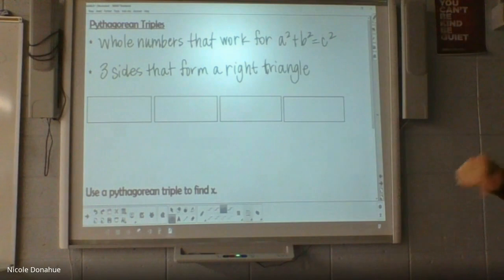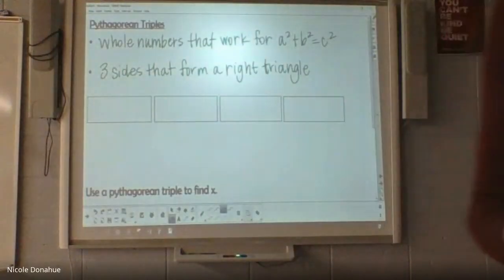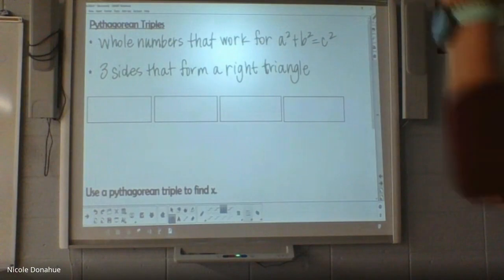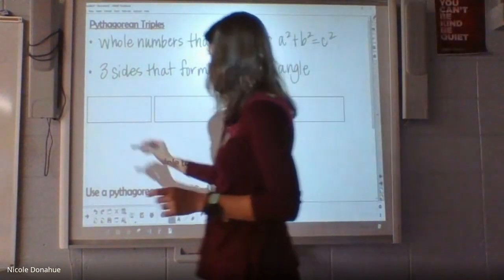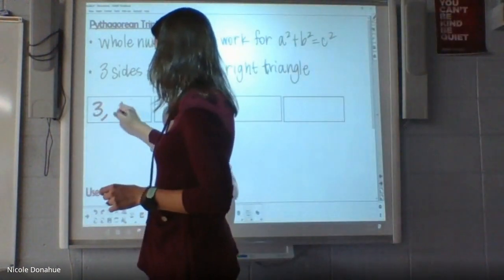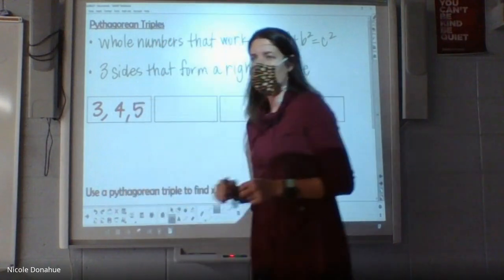Now, there's an infinite number of Pythagorean triples, but some of them are more common than others. The most common one, that you'll probably see me use the most often, is 3, 4, 5. So it goes 3, 4, 5. These are the side lengths.